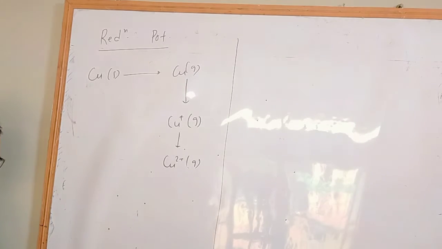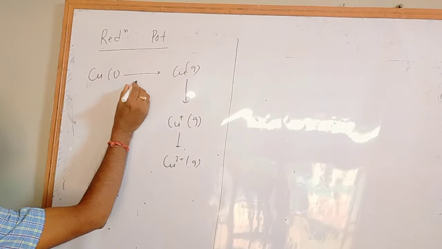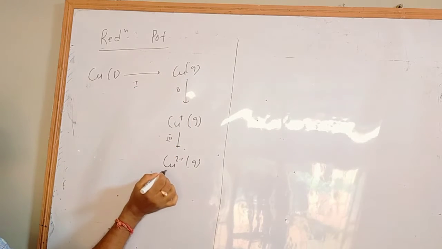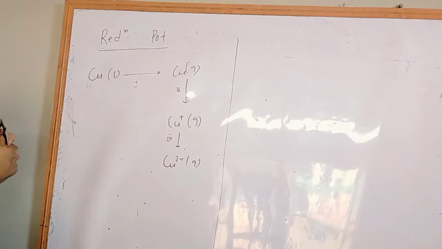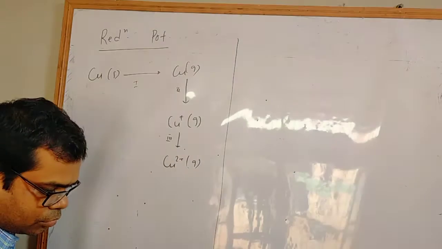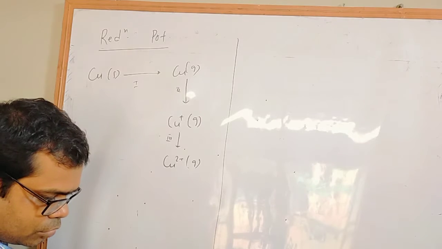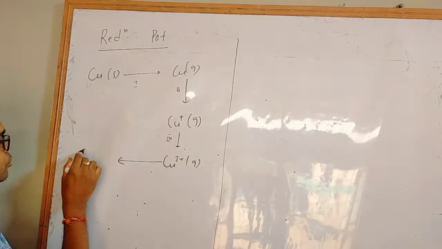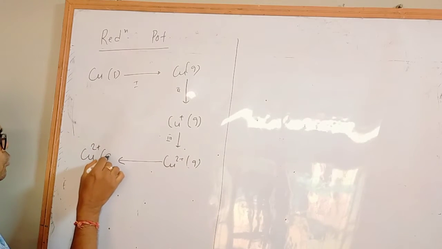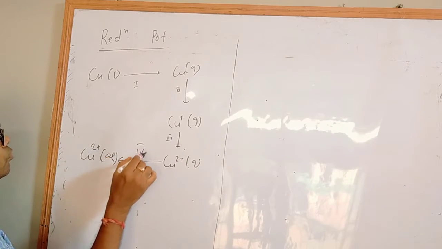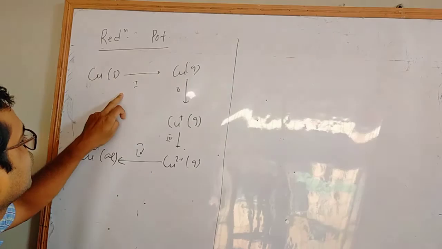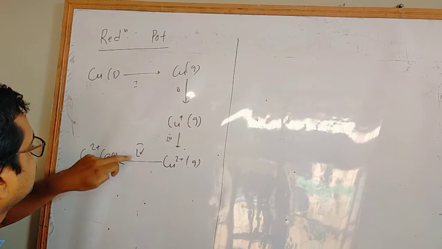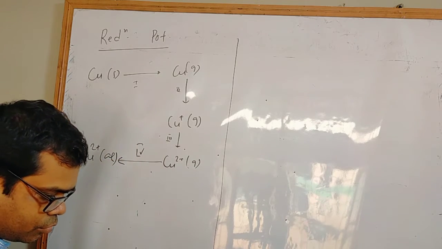So this is number 1, number 2, number 3. And from copper dipositive we have copper dipositive aqueous. This is number 4. So 1 is enthalpy of sublimation, 2 enthalpy of ionization, then enthalpy of hydration.